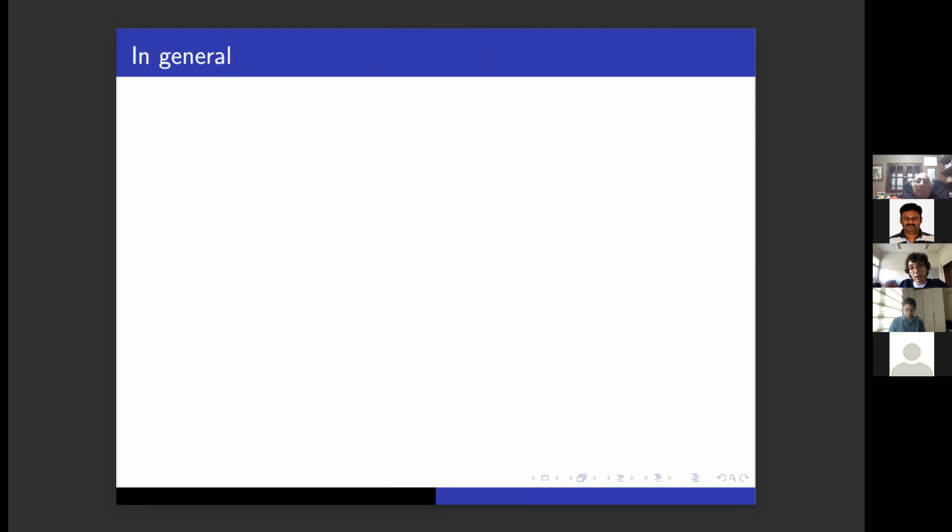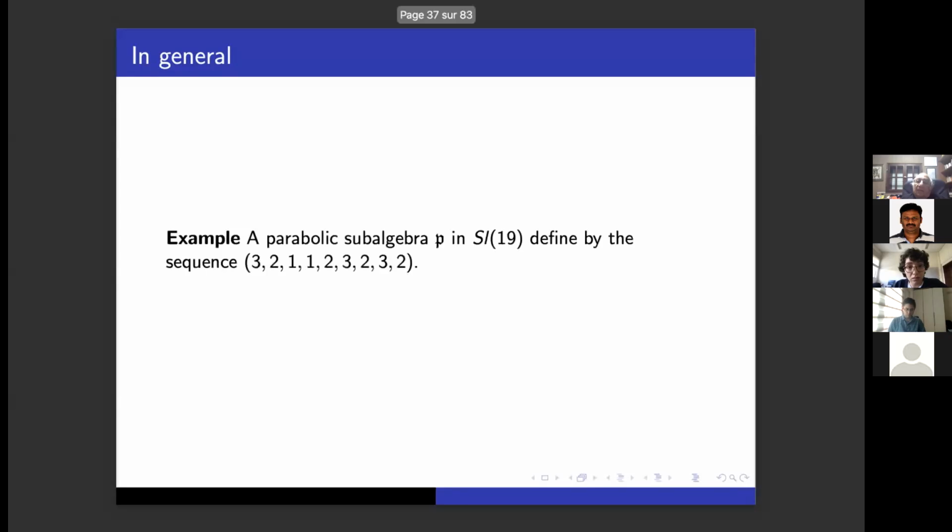So in general, I will let you deduce what are the rules that I'm following to describe this algorithm. And since we don't have the luxury of time, let's do another example and see if you get the main idea.